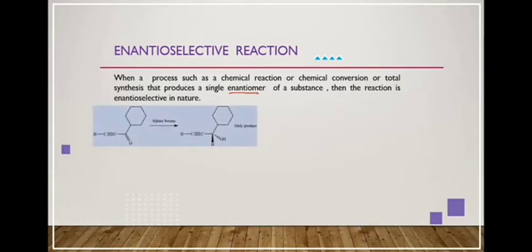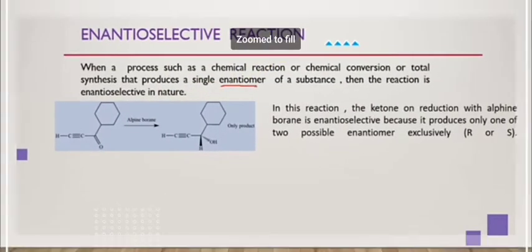In this example, the ketone on reduction with alpine borane is enantioselective because it produces only one of the two possible enantiomers exclusively, which is R or S.